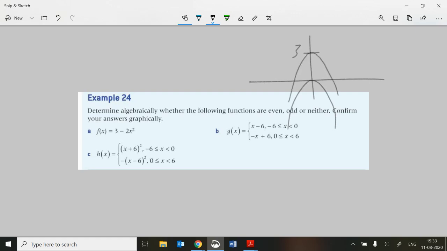And you can do a neater sketch of that one. You can find out where it crosses here and here as well. But a little sketch would be good to justify this graphically. And you can see that there is a vertical line of symmetry here.